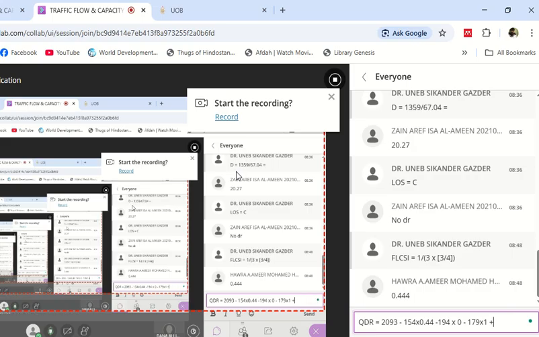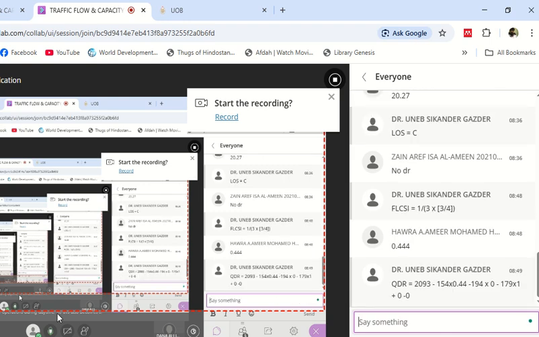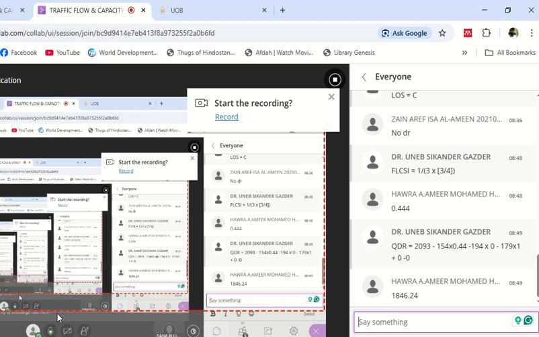The factor for lateral distance: my lateral distance is 0, so this becomes 0 as well. The factor for day and night: we are considering daytime operations, so this also becomes 0. So what is my Q discharge rate here? This is my Q discharge rate.